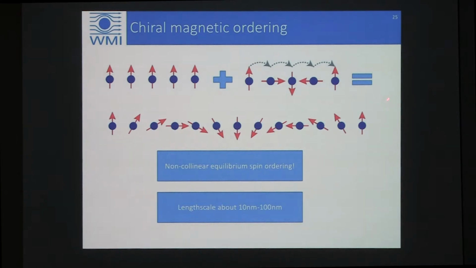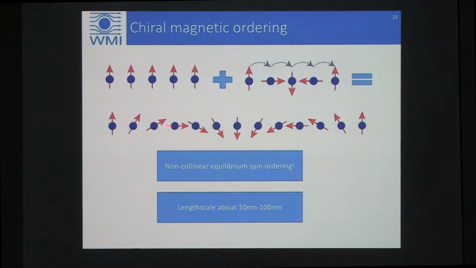So we have to combine both interactions, and then the spin alignment should look something like that. So it's different from the case of the YIG with the magnetostatic modes, because the magnetostatic modes influence the dynamics, right? In the dynamics, the phase of the precession is going to be different throughout the sample, but the equilibrium orientation is still ferromagnetically aligned.